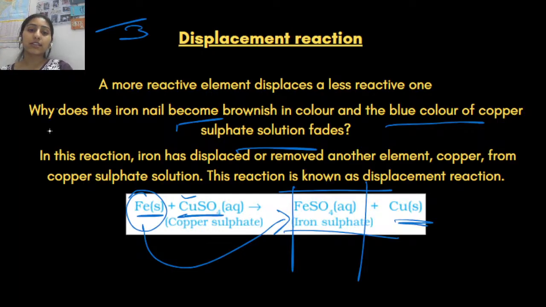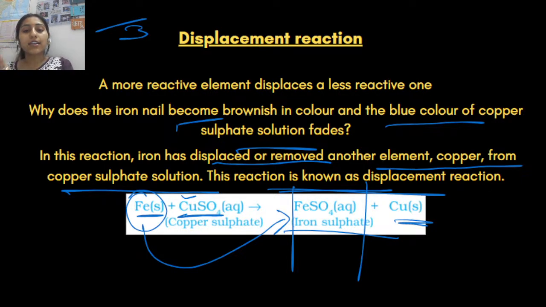So in this reaction, iron has displaced or removed another element, copper, from the copper sulfate solution, forming another compound, that is iron sulfate. So this particular reaction would be regarded as displacement reaction.